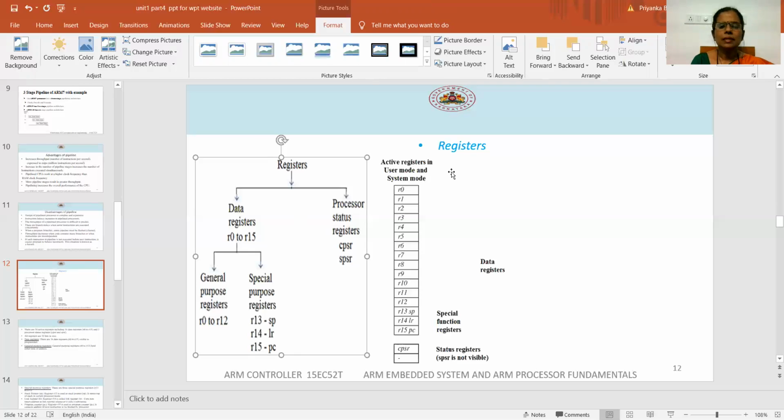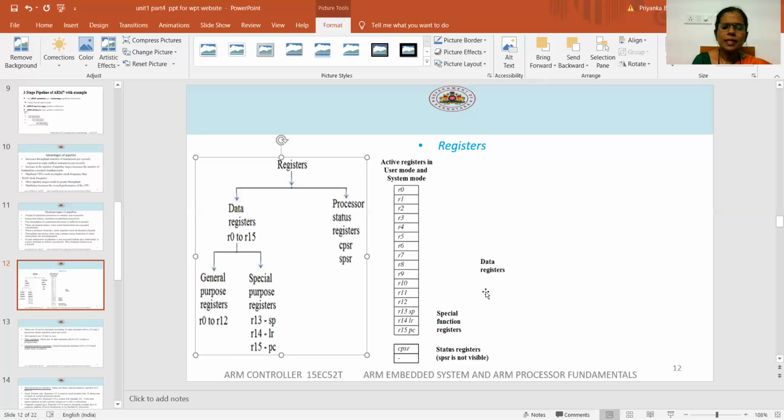In this register set, many registers are active and some are hidden. So what are those active registers? Let us study now the active registers in user mode and system mode. I'll discuss what user mode and system mode are in the next session. The active registers are R0 to R12.